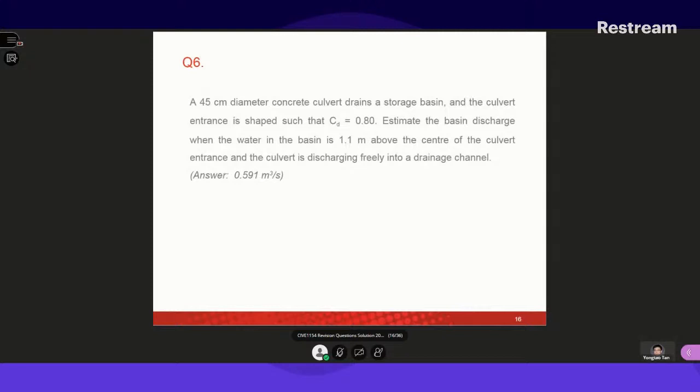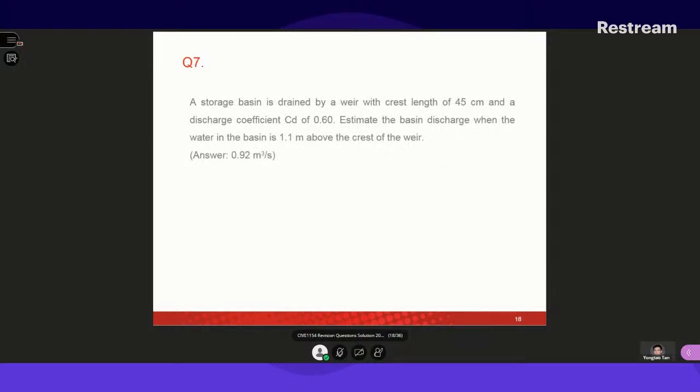The other is that it is type 3, because the cover discharges freely into the drainage, so there is no pressure in the cover. The normal depth is less than the depth of the cover. So this is question 6.